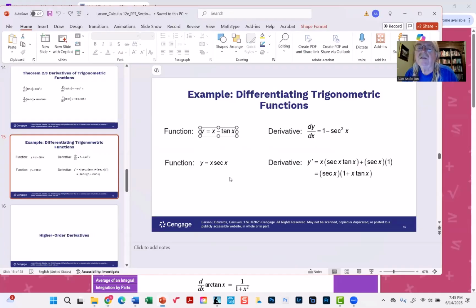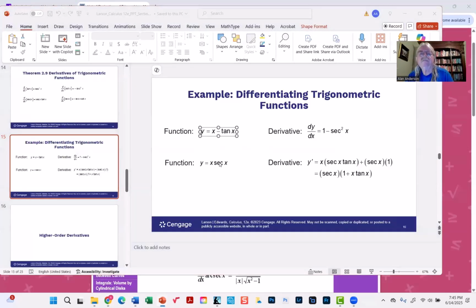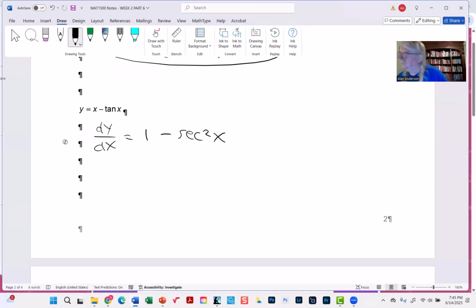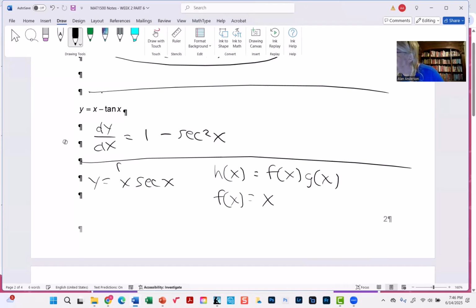Now, this one's going to be fun because this one clearly does require the product rule. All right, so we have y equals x secant x. So again, you can think of this as h of x equals f of x times g of x. And here f of x is x, which means that f prime of x is 1. That's one of those special cases.